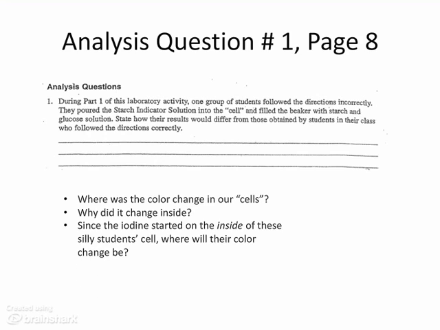Right, that's because the iodine is able to go through the cell wall, or excuse me, the plastic bag, but the starch is not able to go through. So the starch stayed put in our cells, and the iodine went through the bag into the inside. So we got the color change on the inside. But these silly students, since they put their starch on the outside and the iodine on the inside, that means the iodine is going to move out, and you'll see the color change outside of the cell.